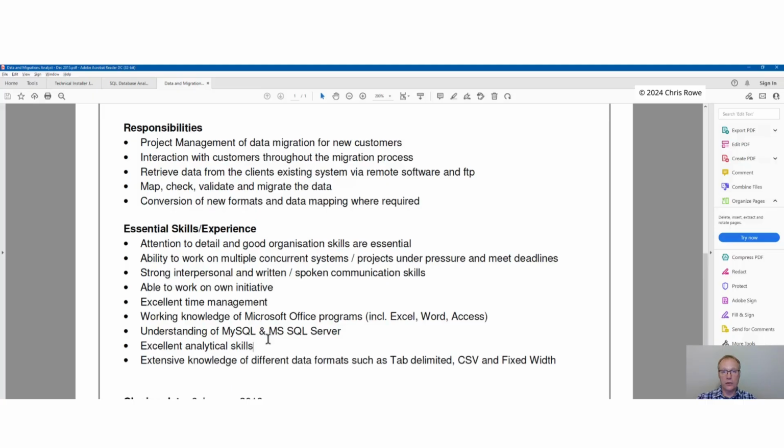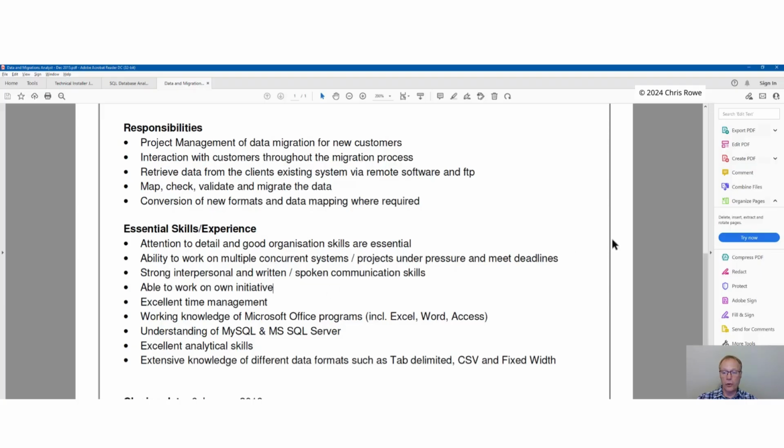Excellent analytical skills, and I was able to prove that from a lot of the work I had done within Excel, sending out reports for management, etc. So I really had the other technical skills and of course the soft skills such as communication and so on that are becoming more and more important as time goes on.